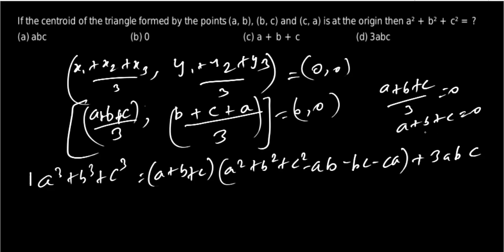We already have that a plus b plus c equal to 0. So if we substitute here, we get a cube plus b cube plus c cube equal to 3abc. So 3abc is the correct answer.